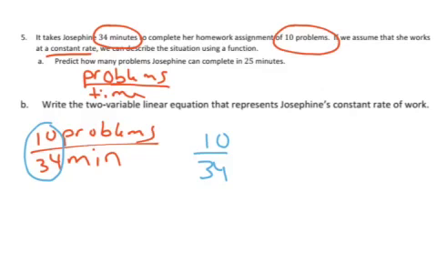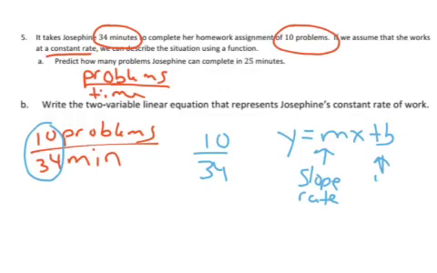If I wanted to write that as my equation, remember my formal way is y equals mx plus b, where m is your slope or your rate, and b is your y-intercept. So here is my slope or my rate.